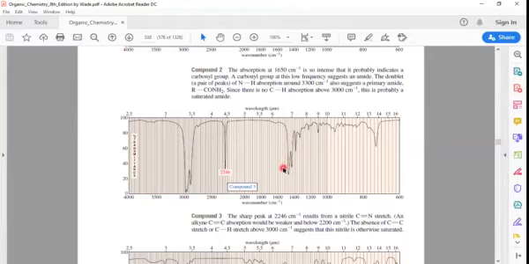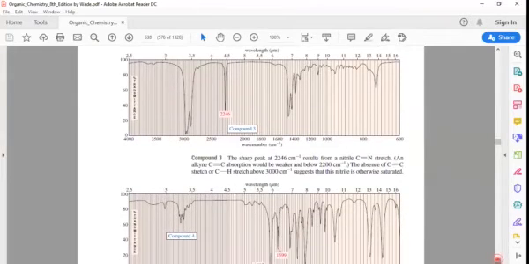And here also we do not have any peak at 1600 or so. So no carbon-carbon double bond. So we can say that this is a nitrile, and this means the compound is saturated. This is a very prominent and characteristic feature of the nitrile carbon-nitrogen triple bond.